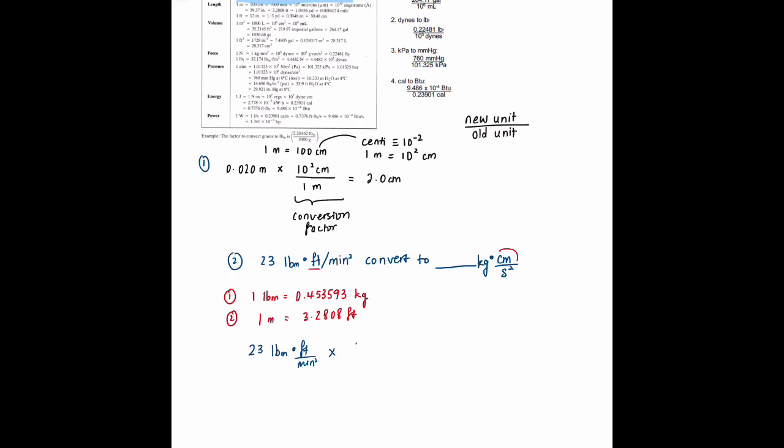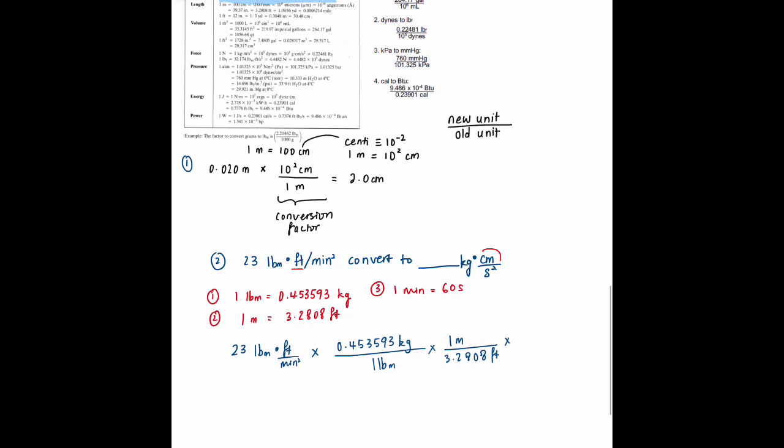So my new unit is 0.453593 kg over 1 lbm multiplied by feet, which would be 1 meter equals 3.2808 feet, and I also need to convert my units of 1 minute equals 60 seconds.